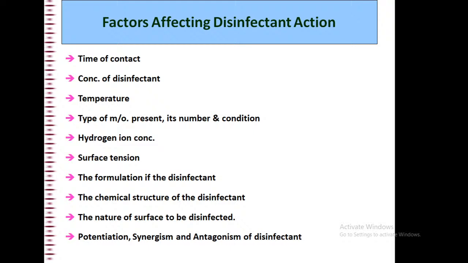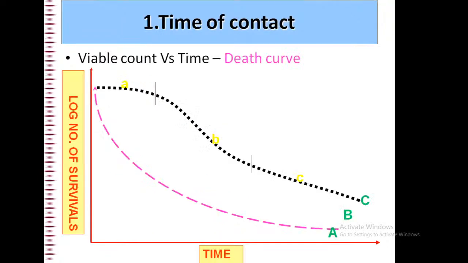Also surface tension, formulation of the disinfectant, chemical structure of the disinfectant, the chemical nature of the surface to be disinfected, and potentiation, synergism and antagonism of disinfectants. So all these factors affect disinfectant action. We will see them one by one.